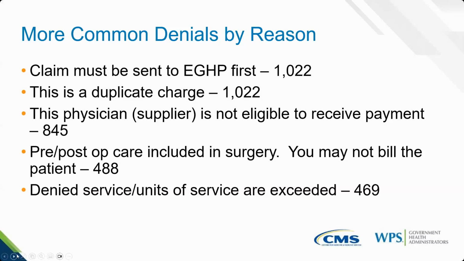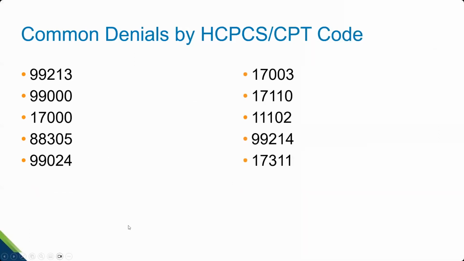So here then is a look at the common denials by HCPCS and CPT code for those reasons I just talked about. You'll see 17,000. This is the destruction procedures on benign or premalignant lesion of skin. 88305, of course, is the pathology service, and sometimes payment for this service is not separate.